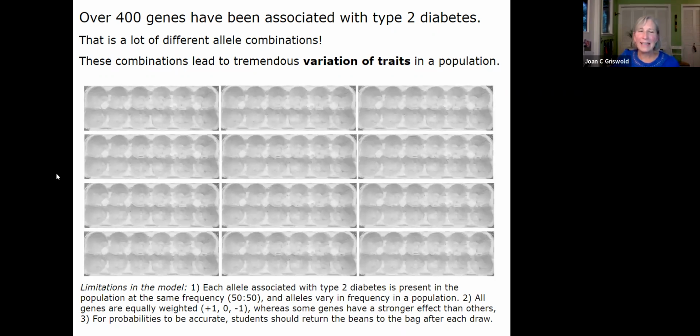Okay, so that is our genetic simulation. The idea is to show that there are a lot of ways to get variety, to show how that distribution curve gets built using a number of variations of alleles over a number of different genes that might contribute to a population or to a condition. Type 2 diabetes, not unlike a lot of the big multifactorial conditions, has no one smoking gun gene.